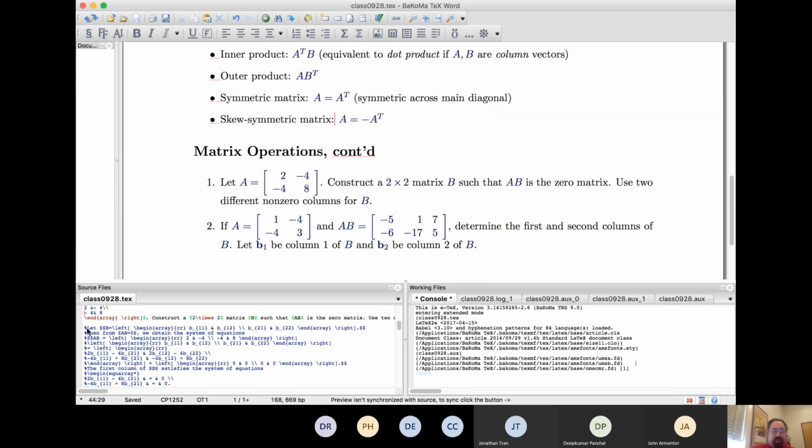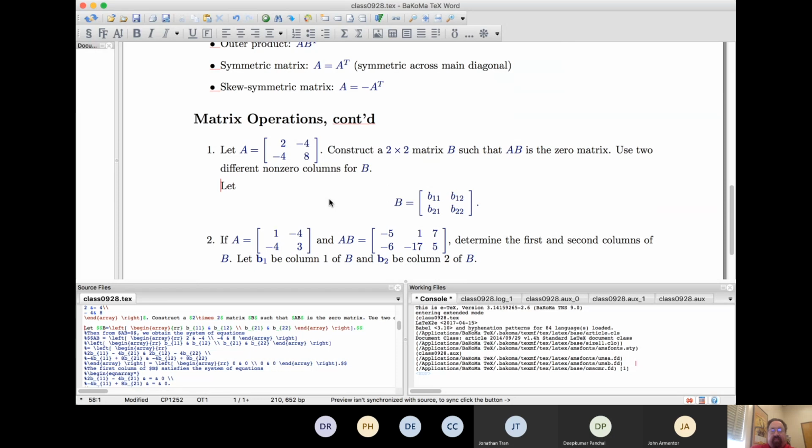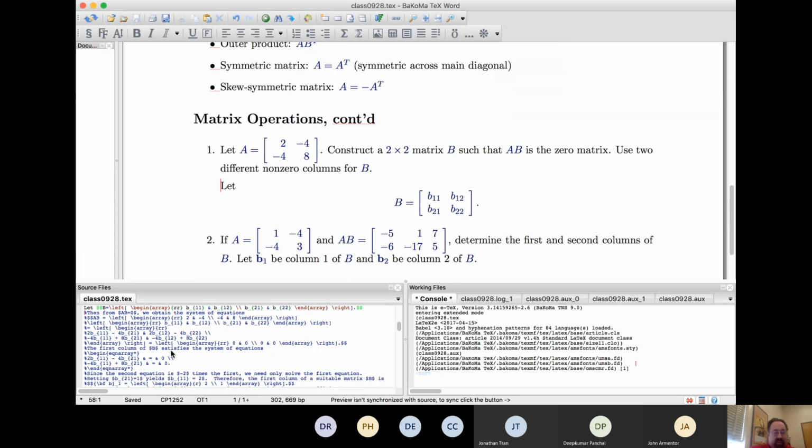So what we'll do is find B. We're going to get a system of equations that characterizes the entries of this matrix. But what we'll end up doing is finding B one column at a time, so first this column and then this column.